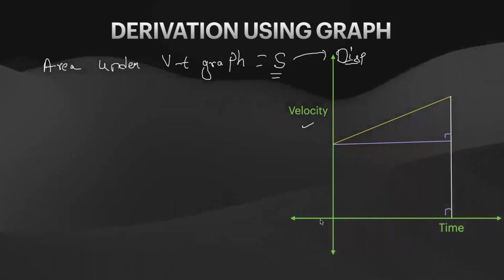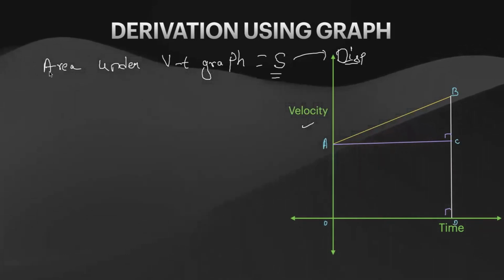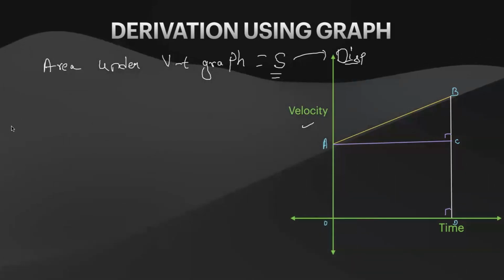This is origin O, this is A, this is B, this is C, this is D. Now let us start the derivation with the general terms.